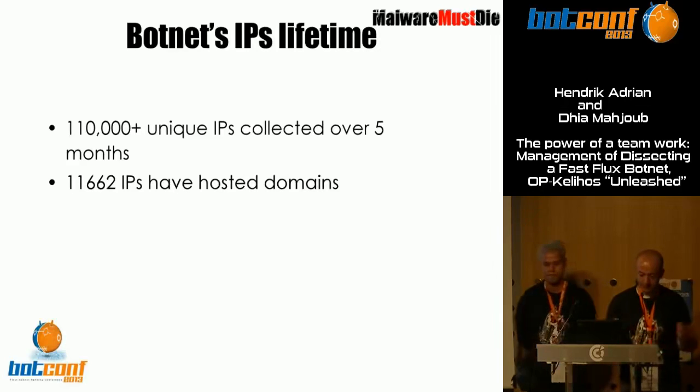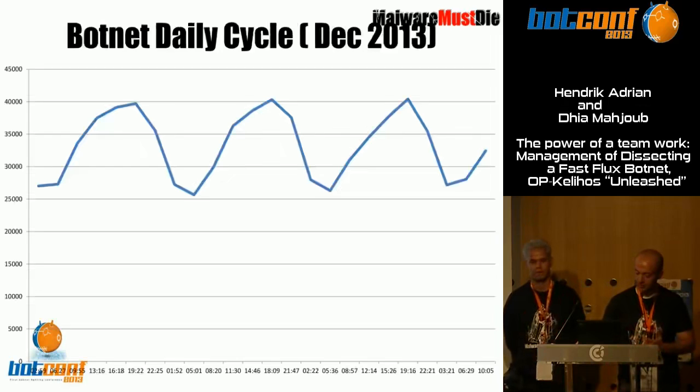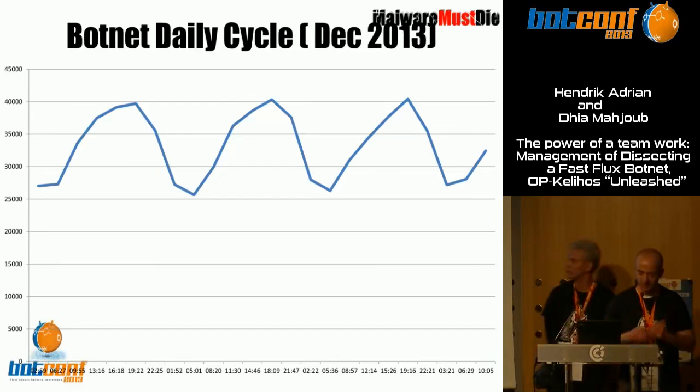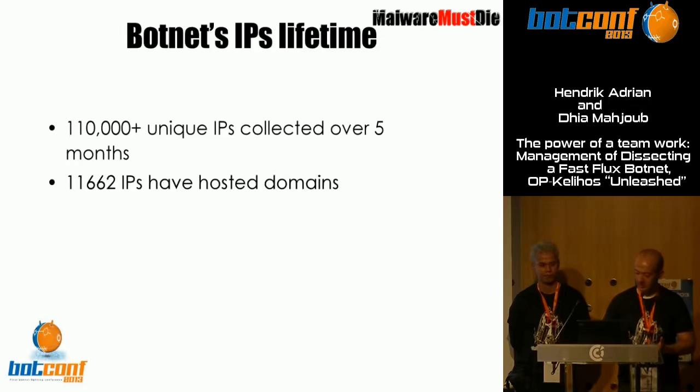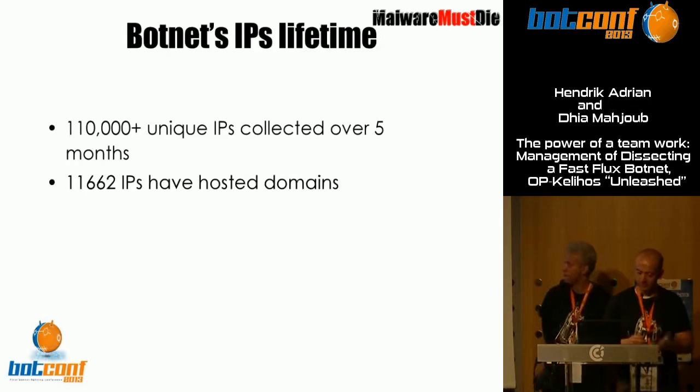Again, that's not indicative of the size, but the slides we showed about the cycle give you an idea about the extent of the infection. Keep in mind, between 26,000 and 40,000 living bots exist in the Kilios infrastructure. In fact, when we checked them, we found that around 11,600 IPs have hosted domains that have been serving.